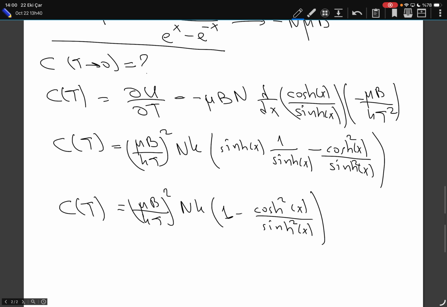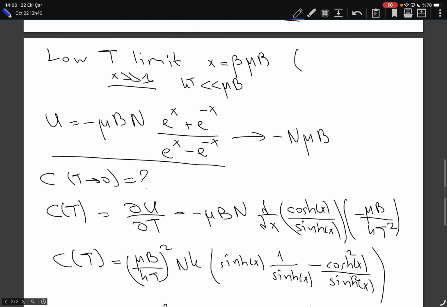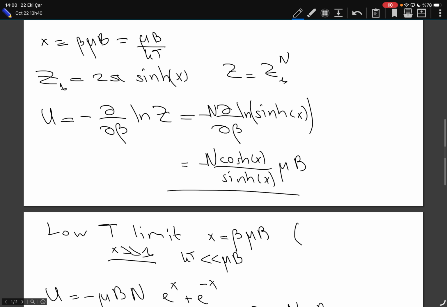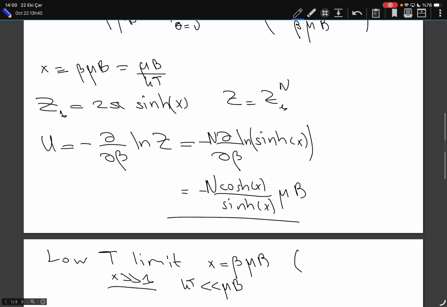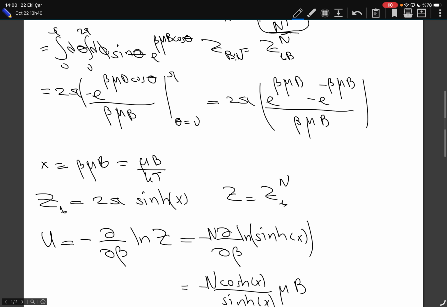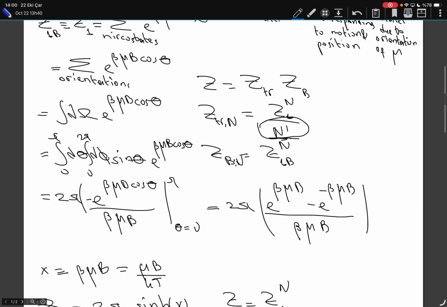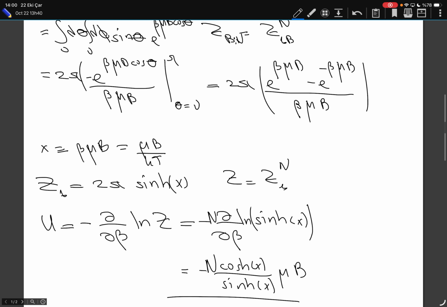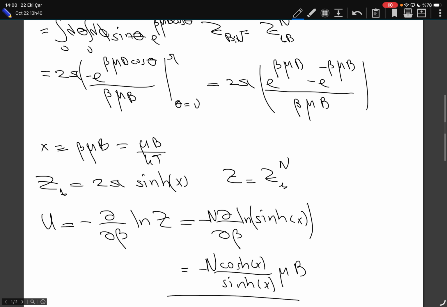Do you see a mistake somewhere? So u is minus the derivative of the logarithm of z with respect to beta. This is z. Z is 2 pi sine hyperbolic of x.